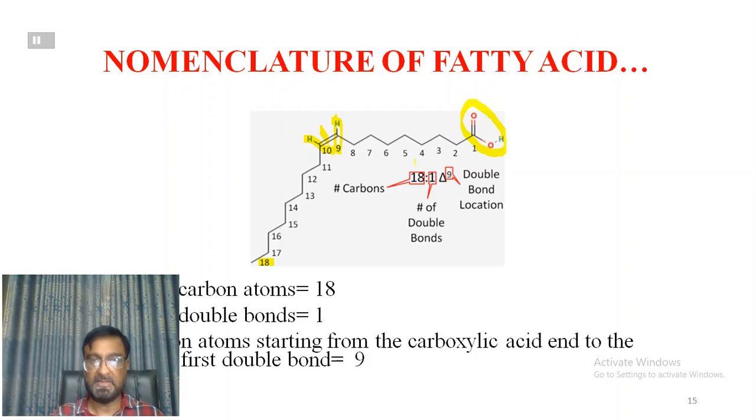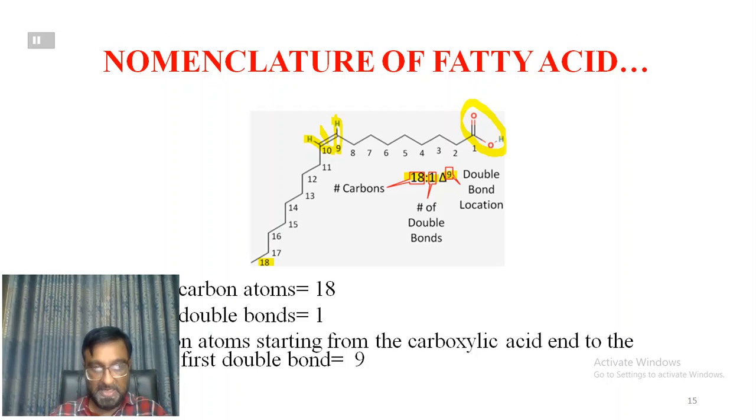How can we write this? C18 colon 1. That shows a carbon chain length of 18 with one double bond, and this double bond exists at the 9th carbon atom. So this is the way we can write this type of nomenclature.